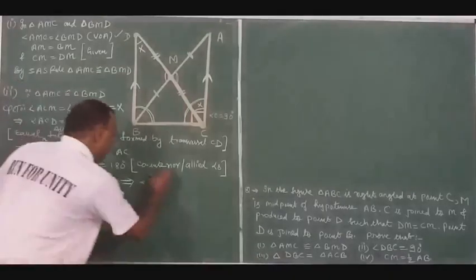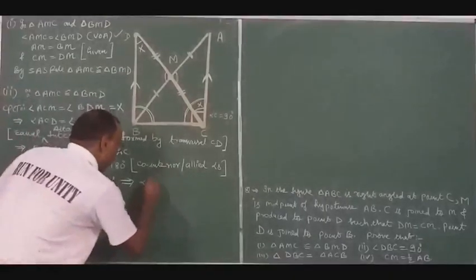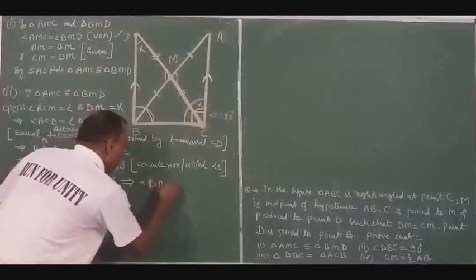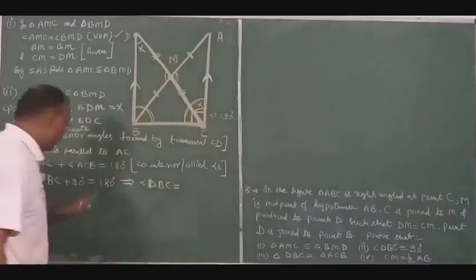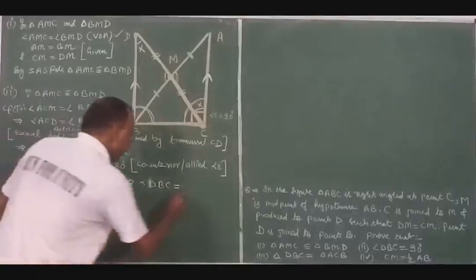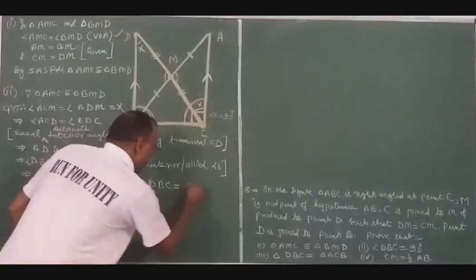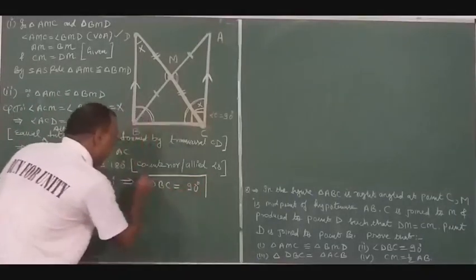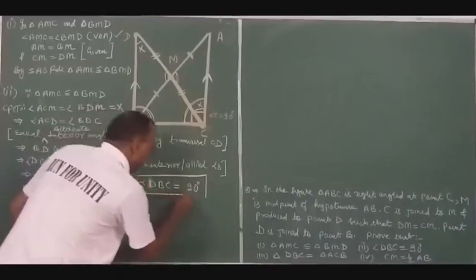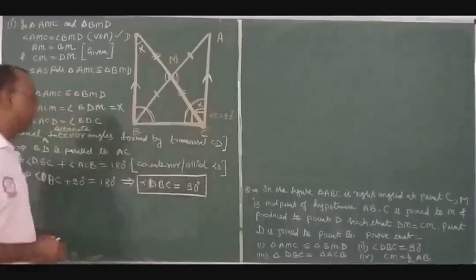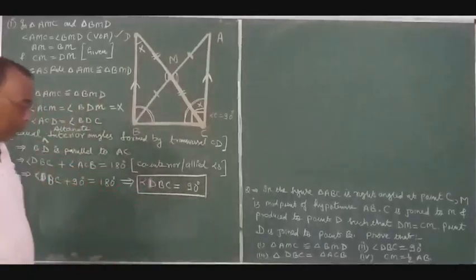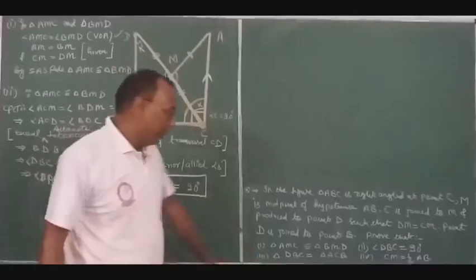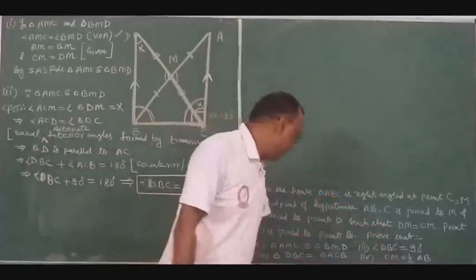It means angle DBC will be equal to 180 minus 90, that is 90 degrees. So the second part, we have proved that angle DBC is equal to 90 degrees.